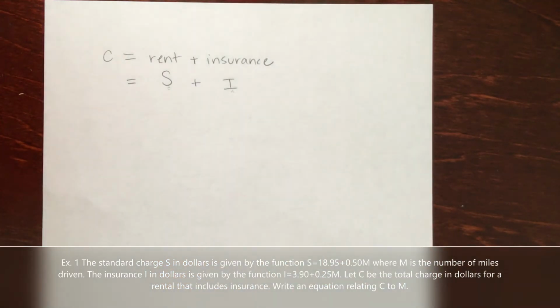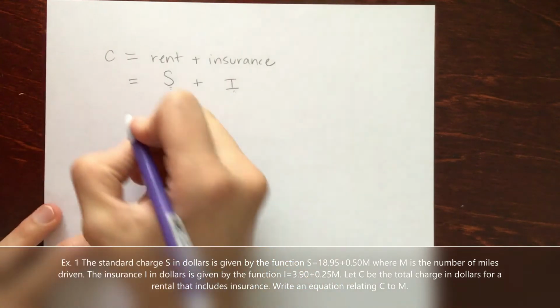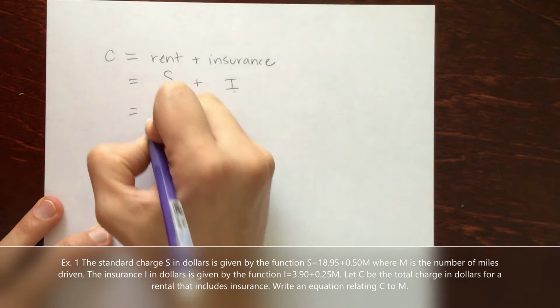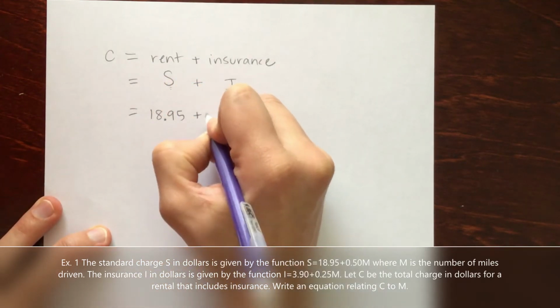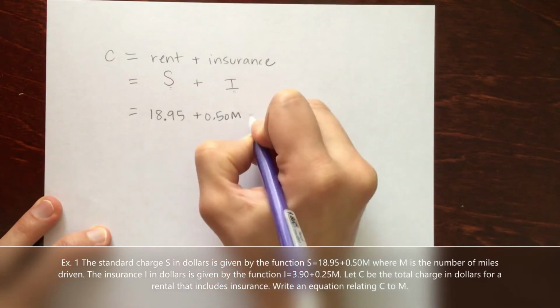And then read your final two sentences. C is the total charge. We need to relate C to m. So ignore all that other junk information meant to throw you off. Let's actually fill in now. What is S? It is 18.95 plus 0.50m.